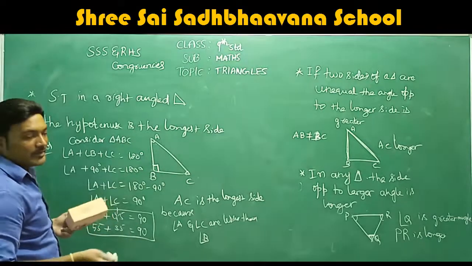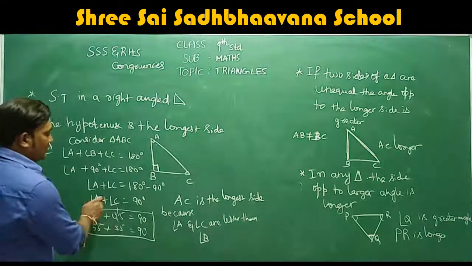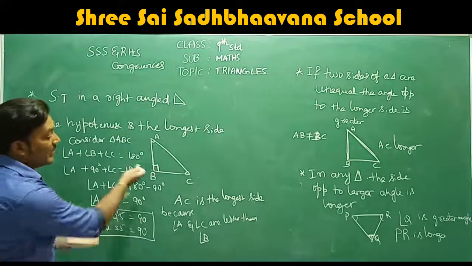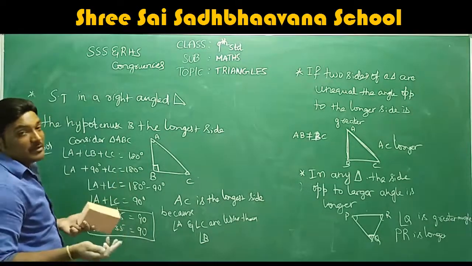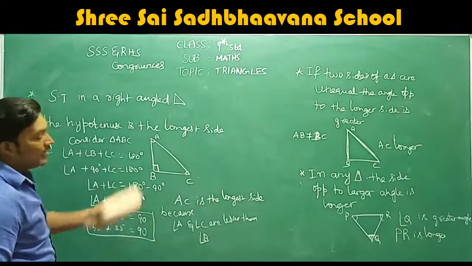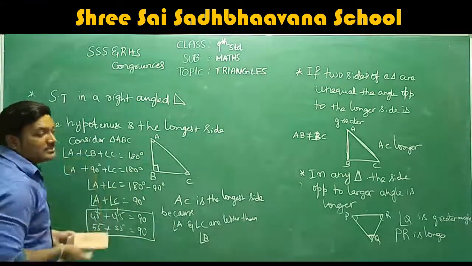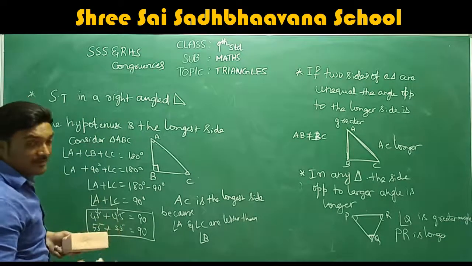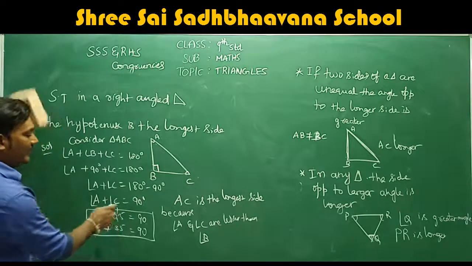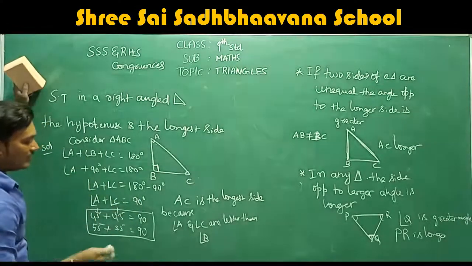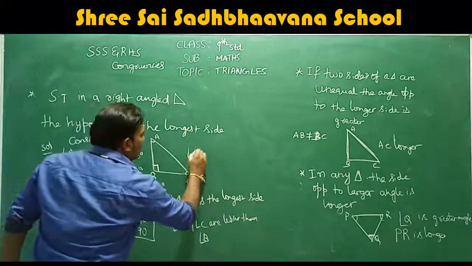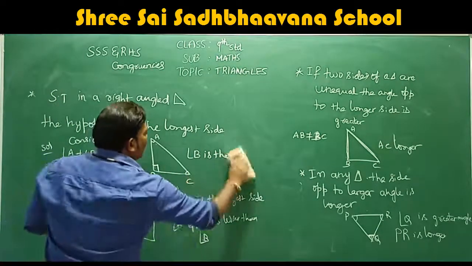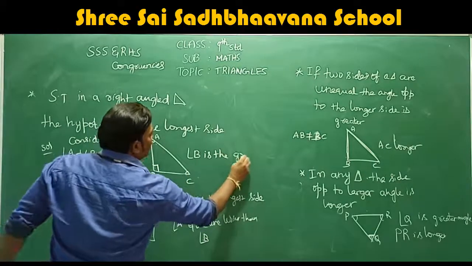And according to the property we just discussed, in any triangle, the side opposite to the larger angle is larger. So we proved that angle B is 90, the larger angle. Okay, we can write this: angle B is the larger angle, or the greater angle.